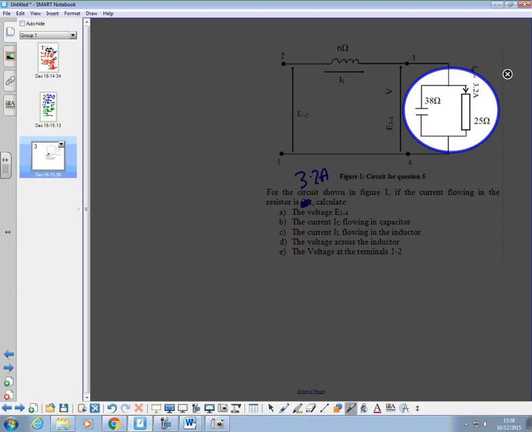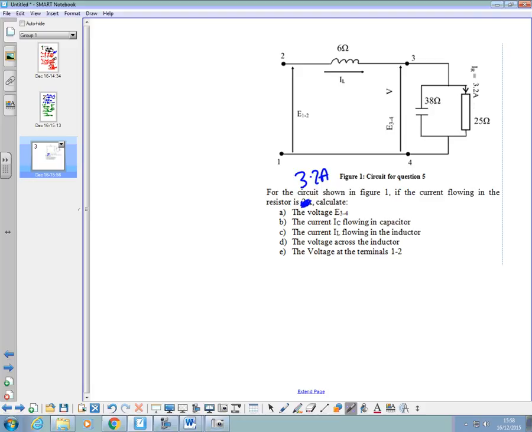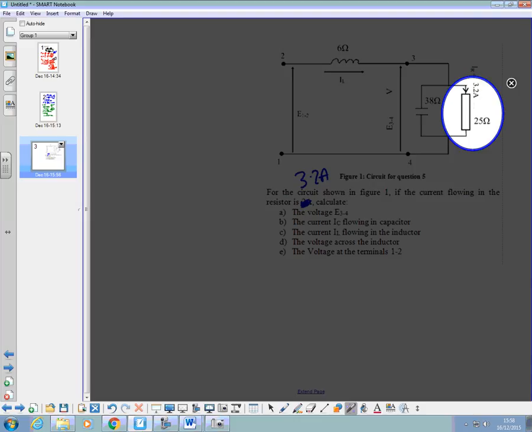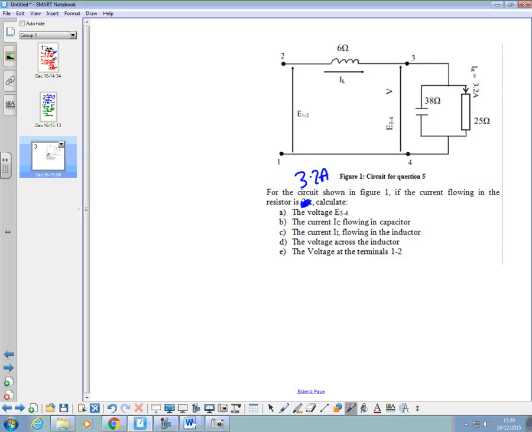So that's the theory there. If we find that, we're going to use the value of the resistor and the current through it to find the voltage across that component, and then because the capacitor is in parallel with it, we'll have the voltage across that as well. And because it's pure resistance, we're going to end up with a voltage that's got no angle associated with it at this stage. So what have you done there?